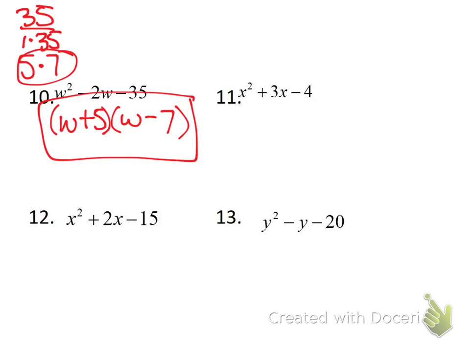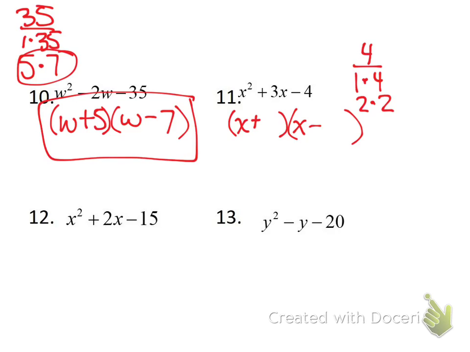All right, on 11. Negative, positive. We again need one positive, one negative. What number are we trying to multiply to? Negative 4. Trying to multiply up to a 4 and add up to a 3. What numbers will multiply to 4? 1 and 4, 2 and 2.